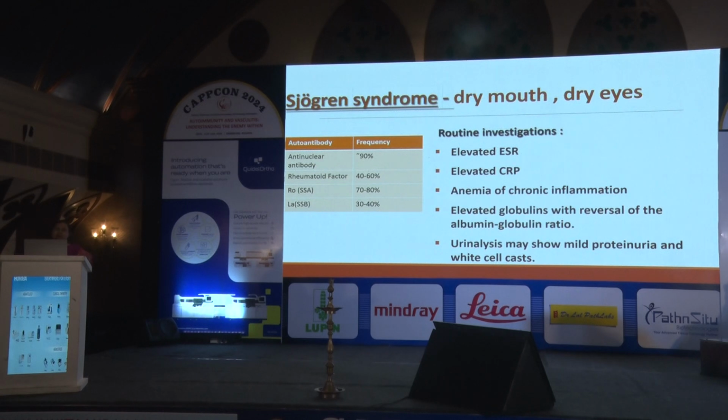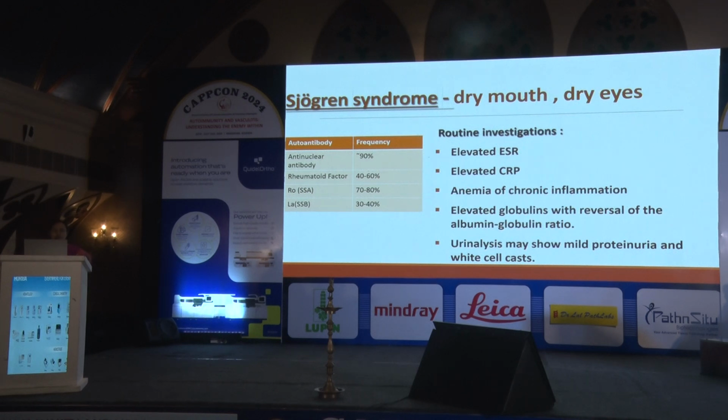So similarly, a patient presenting with sicca symptoms like dry mouth and dry eyes with Ro/SSA present in 70 to 80% and La/SSB autoantibody present in 30-40% patients with elevated ESR, CRP and anemia of chronic inflammation.